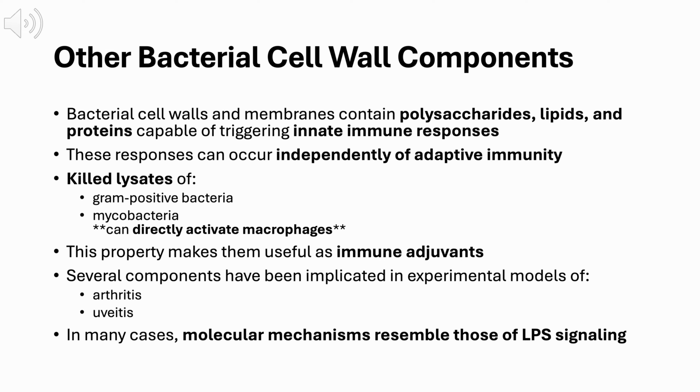Killed lysates from gram-positive bacteria and mycobacteria can directly activate macrophages, which is why some of these materials are used as immune adjuvants. Similar bacterial components have also been used to induce experimental arthritis and uveitis. Although the specific molecules vary, many of the downstream pathways resemble LPS signaling, ultimately producing cytokine release, leukocyte recruitment, and local inflammation.